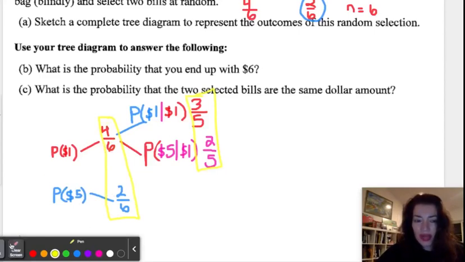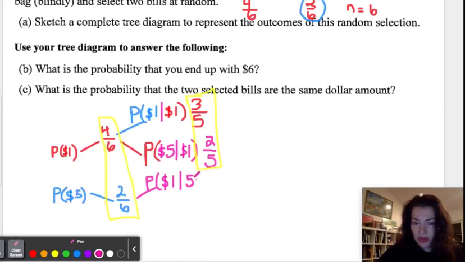So I'm going to go ahead and show the other possibility. What if we would have picked a $5 bill at first? Then, as I mentioned before, I'm going to go up my branch for $1. Then the second bill could be a $1. But what I'm going to write here is what is the probability of picking $1 given that we already picked $5.